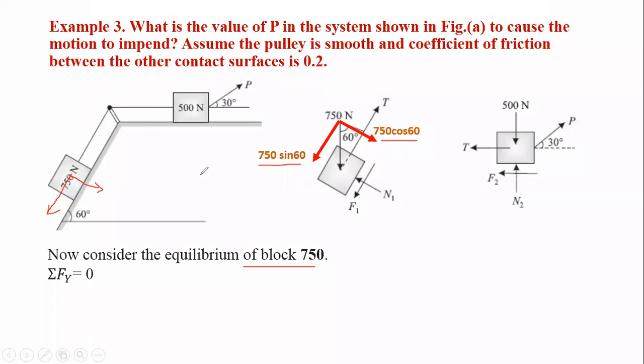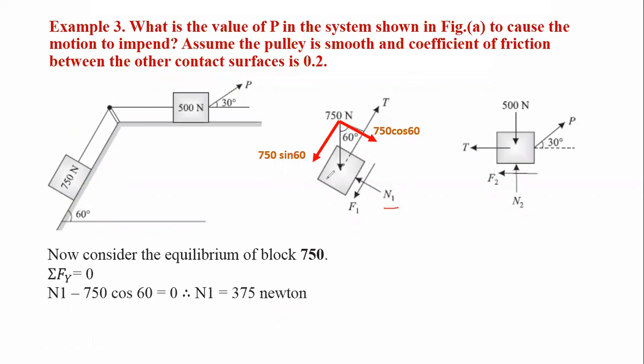Here summation Fy means we are considering the forces normal to the inclined plane, that is, the forces in this direction, which makes a 90-degree angle with the inclined plane. Now let us check what the forces are. Here N1 is going vertically upward. Instead of the plane being inclined, let us assume that this block is like this one.